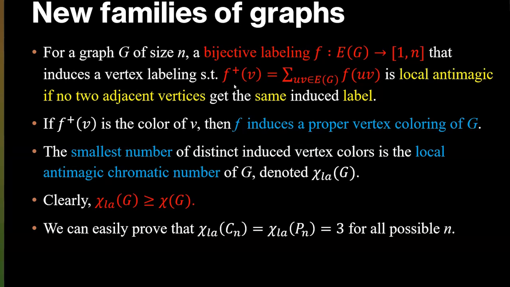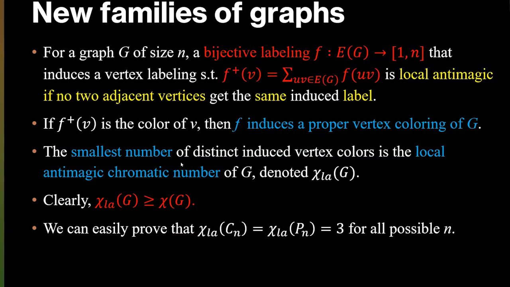induces a vertex labeling given by the sum of the incident edge labels. This labeling is local antimagic if no two adjacent vertices get the same induced label. If we assign the induced vertex label as the color of that vertex, then we know that f induces a proper vertex coloring.